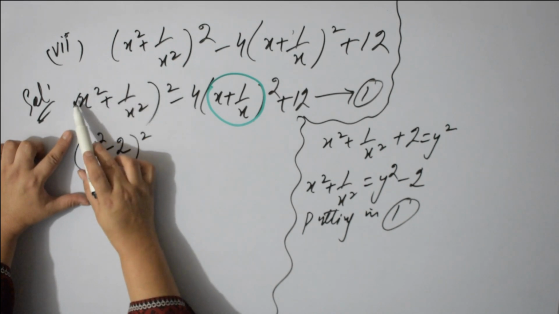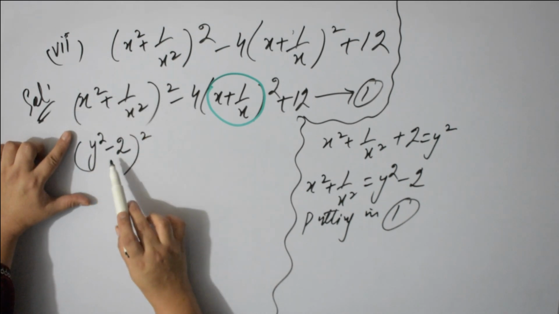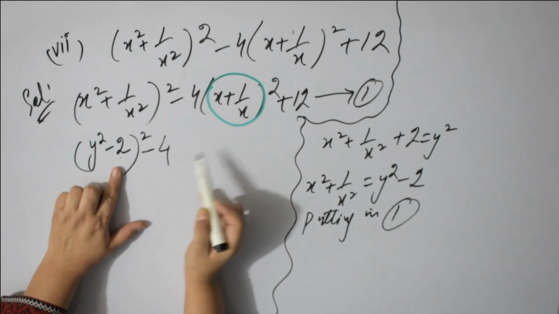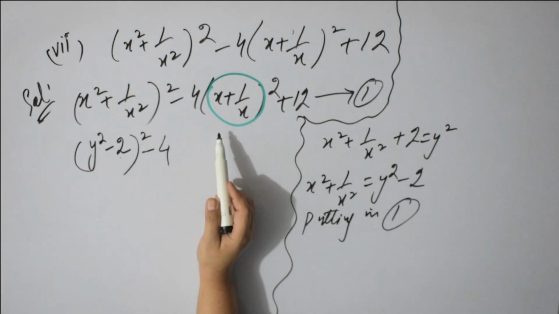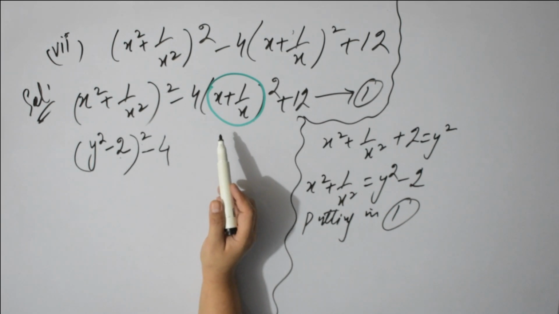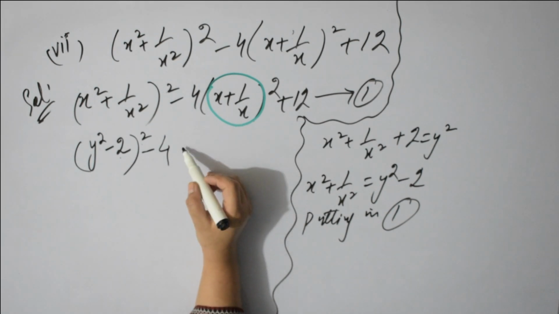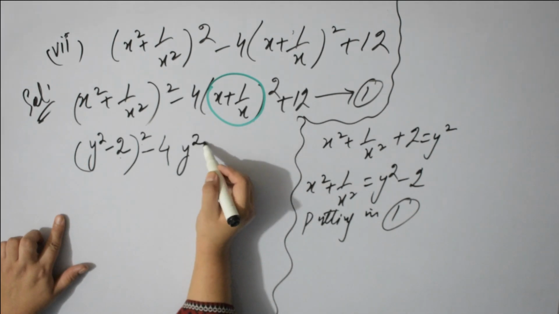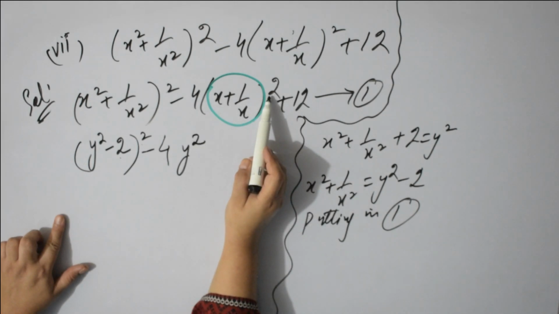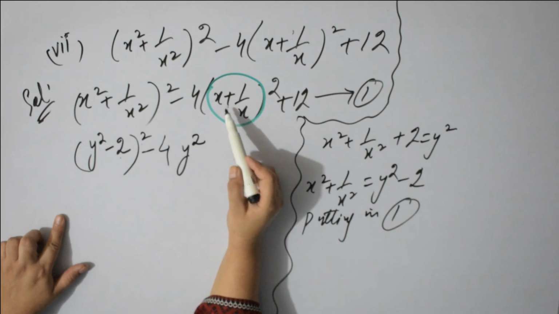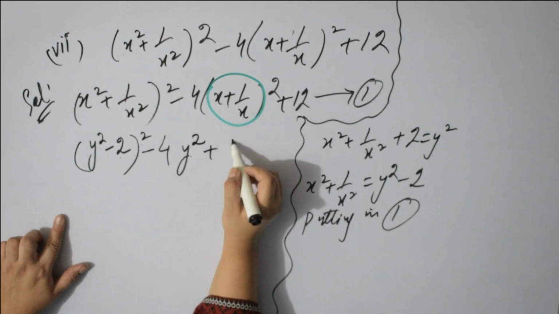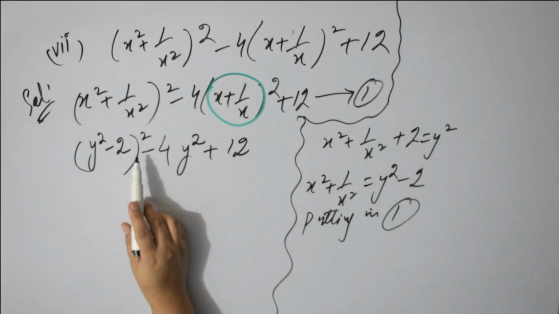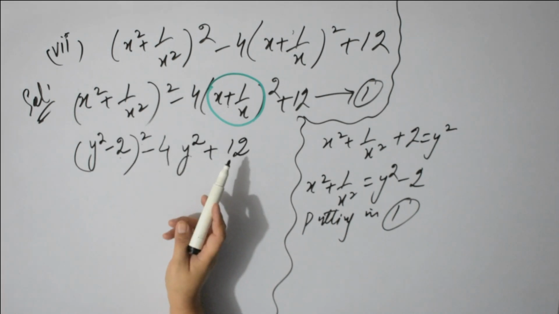I put this value of x square plus 1 upon x square and whole square as it is, minus 4. The value of x plus 1 upon x, students, I had let as y. So y, right, its value is y and whole square as it is. This square is present in the question. Okay, this value is y and square plus 12. So y square minus 2 whole square minus 4y square plus 12.